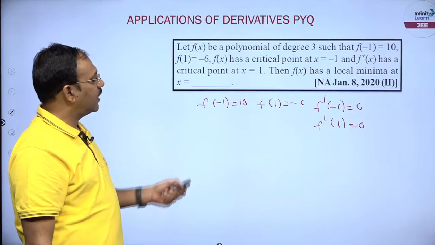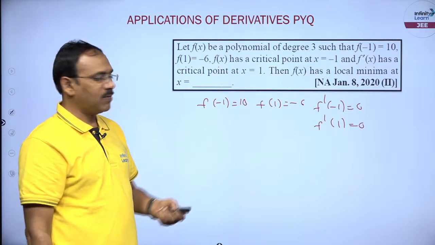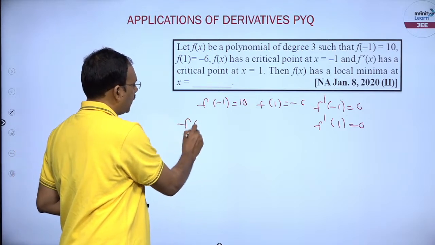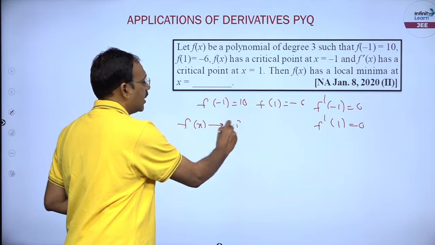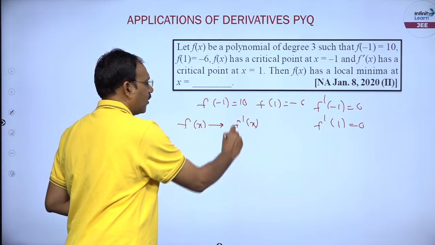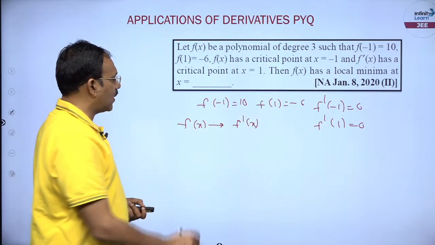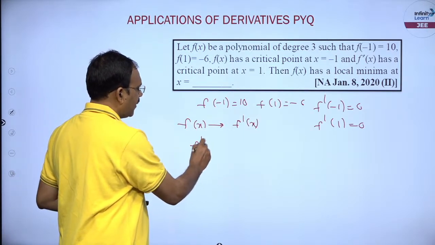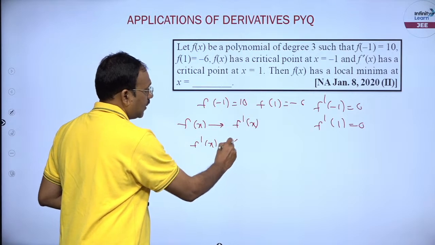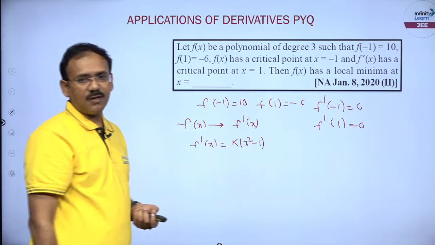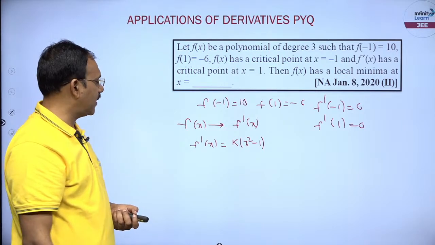The next, f of x has local minimum at, you see when f of x is a cubic polynomial, its derivative is a quadratic polynomial, right. Already its 2 roots are given. So, can I take f dash x as k into x square minus 1, because the 2 roots are x is equal to 1, x is equal to minus 1.